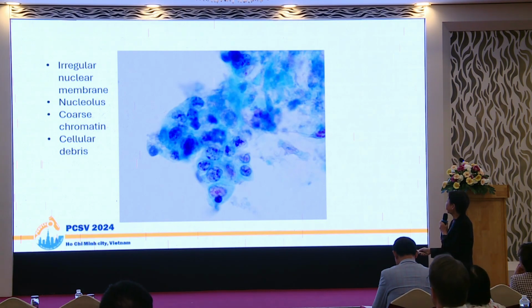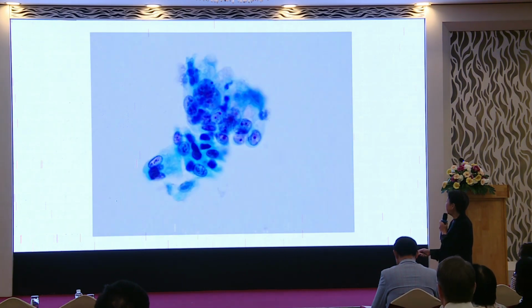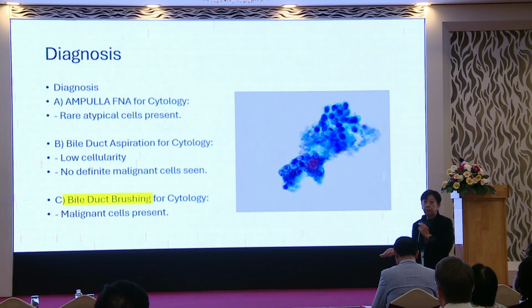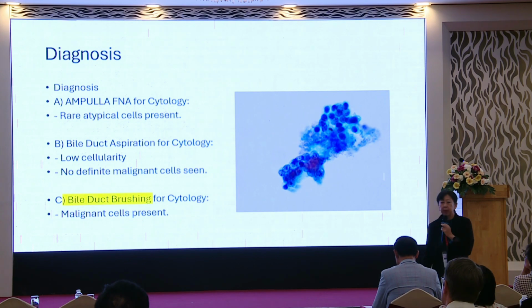Again, some necrosis, cell debris, so we thought this was abnormal. This case had several specimens. Rare atypical cells in the ampulla, and a brush with aspiration of low cellularity, reported by my colleague as malignant.